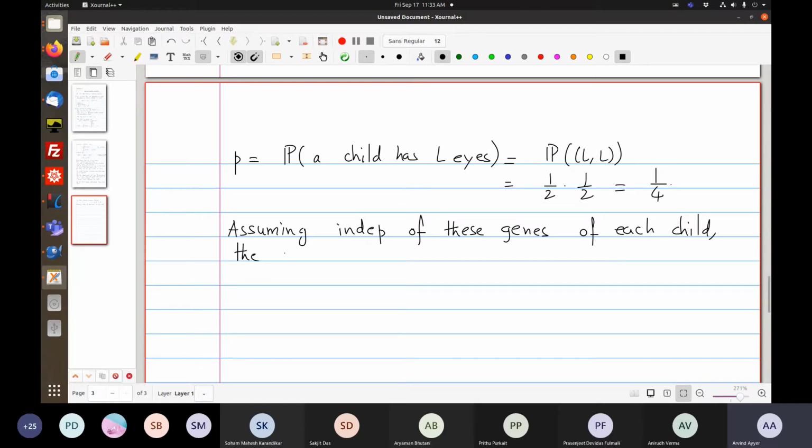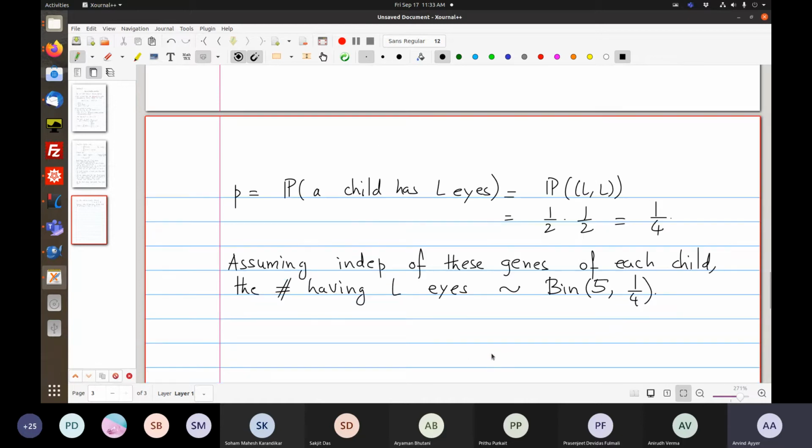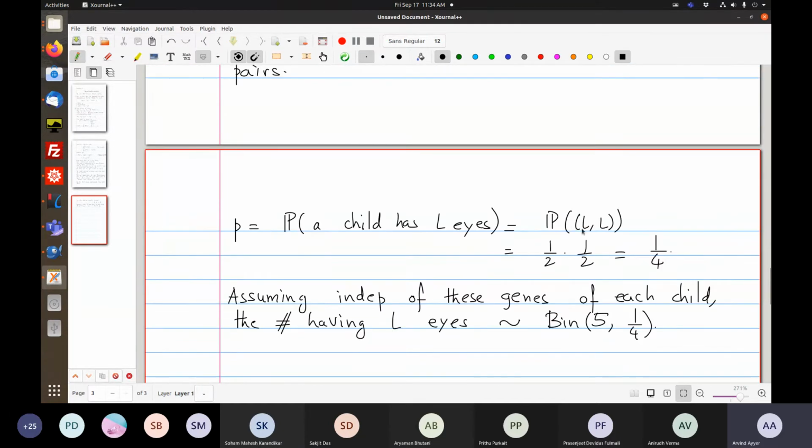Then the number having L eyes is a binomial random variable with parameters 5 and 1/4, because each child has blue eyes with probability 1/4, and there are 5 other children.